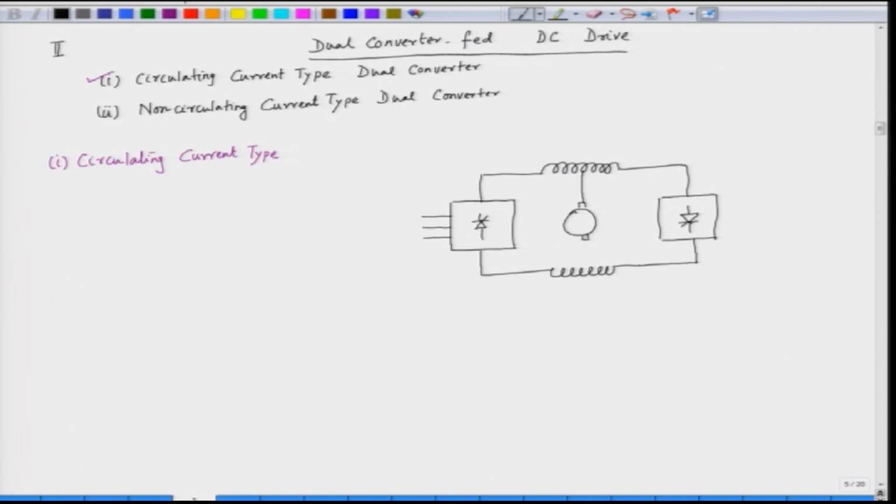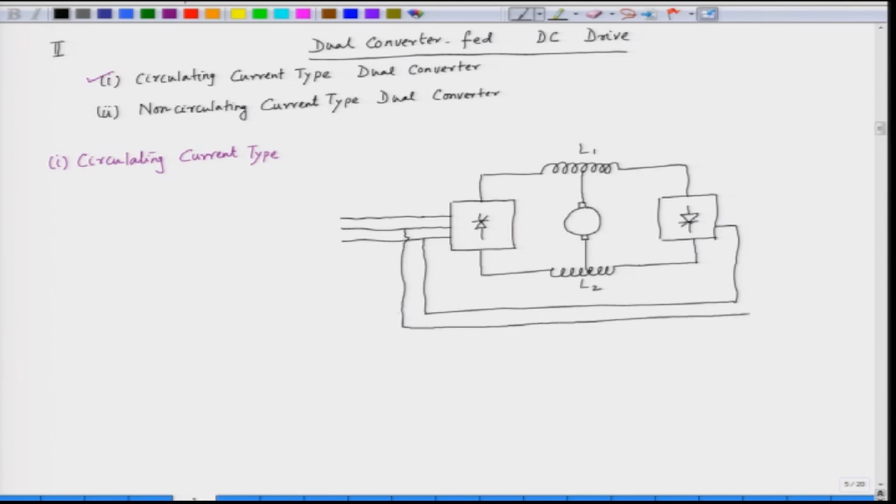We call these reactors L1 and L2, and the two converters are supplied with a 3-phase supply coming from the mains.